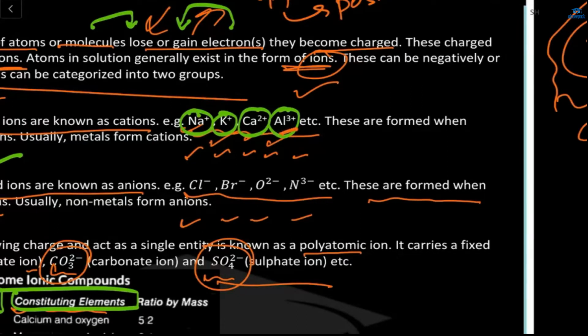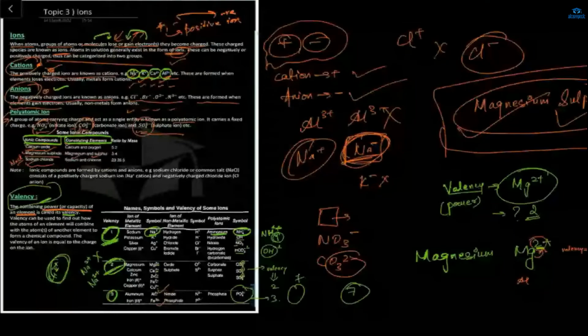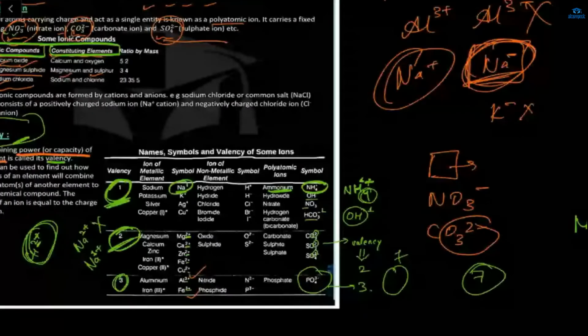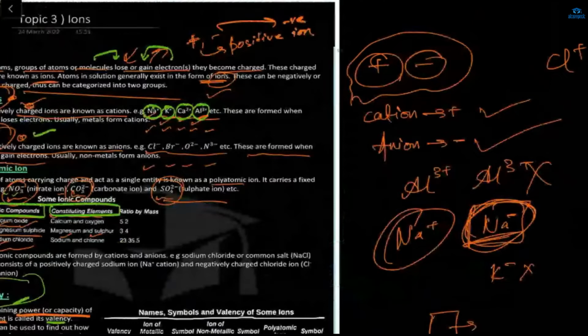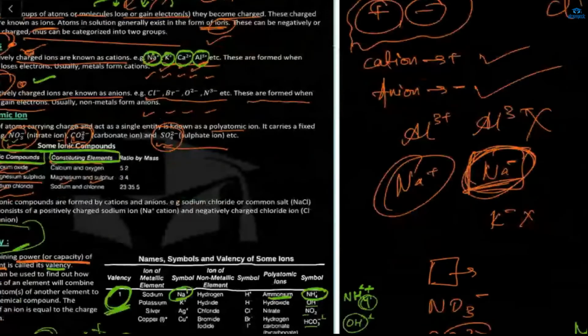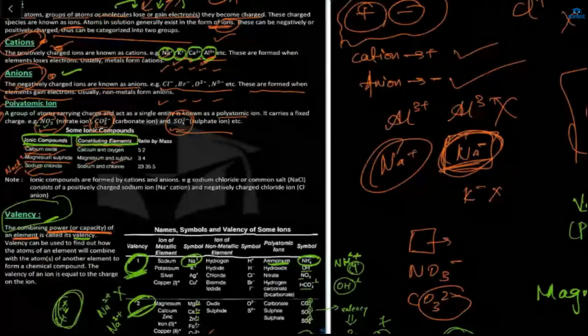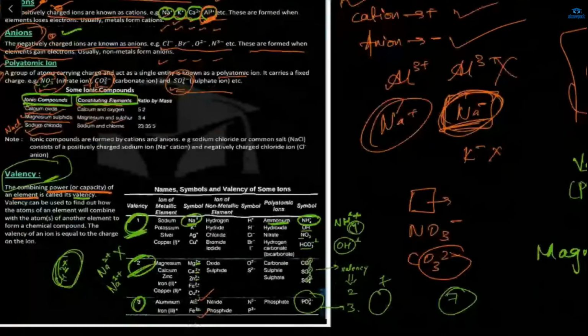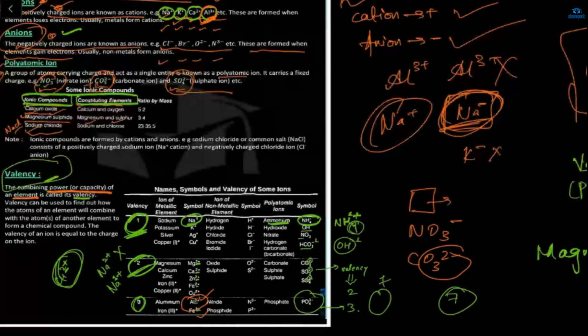Why? Because it is a positively charged ion. Let me just clear it. This is Al3 plus, and here also it is Al3 plus. It's not changed. It's not Al5 plus. It will be 3 plus only. It is fixed.